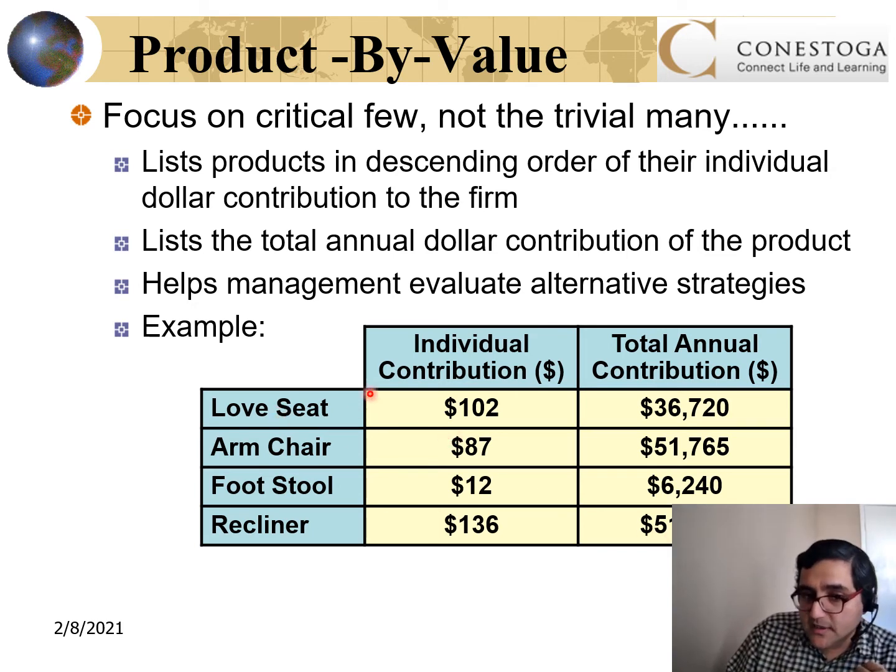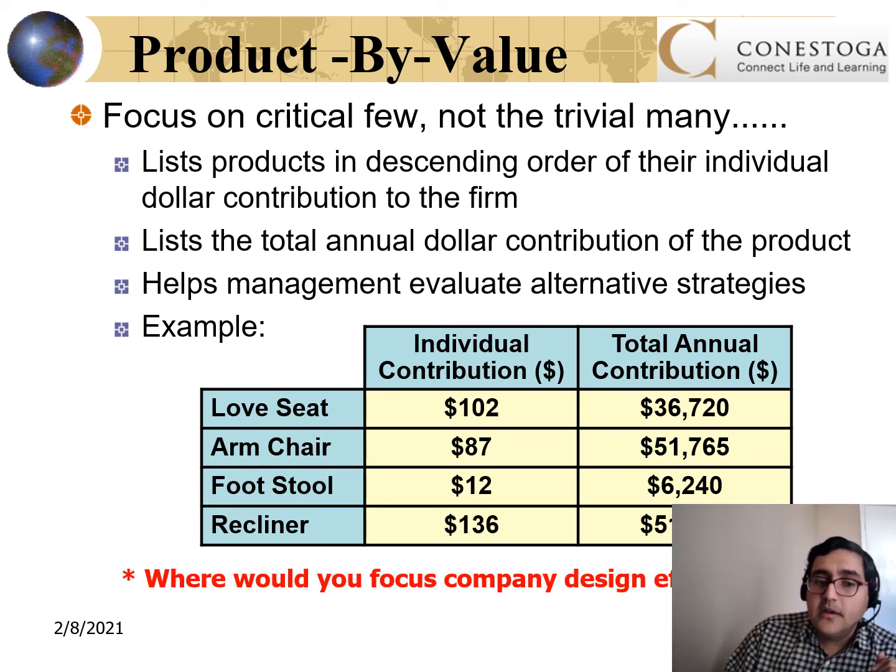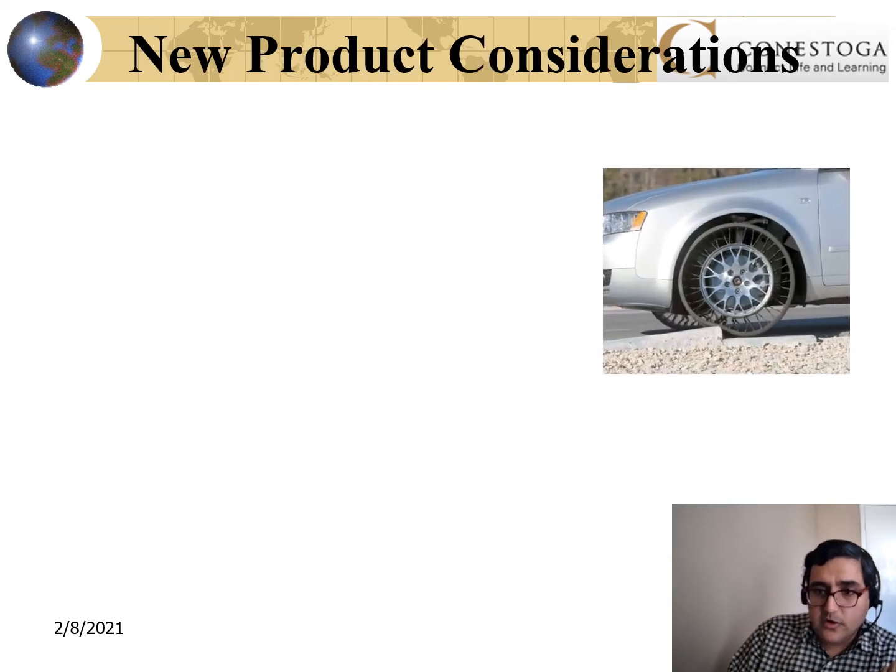But if I am selling the love seat, it's around $102. But its contribution is significantly lower than that of the recliner. So should I be focusing first on love seat modification, or should I be focusing on recliner? So this is a question which the management can always ask and try to come up with solutions. So which one should you focus on?